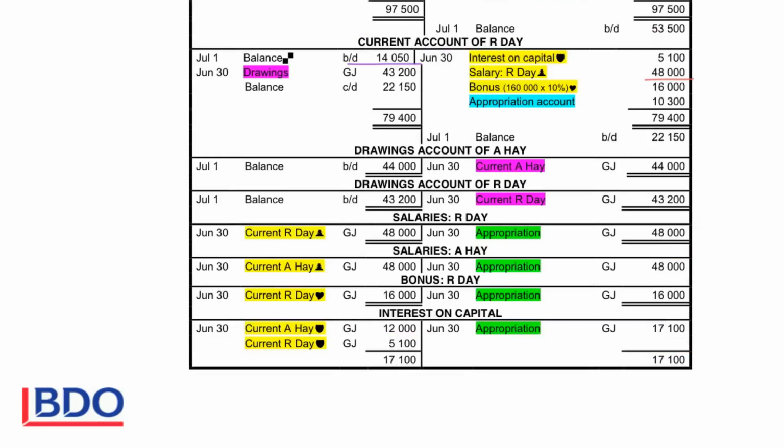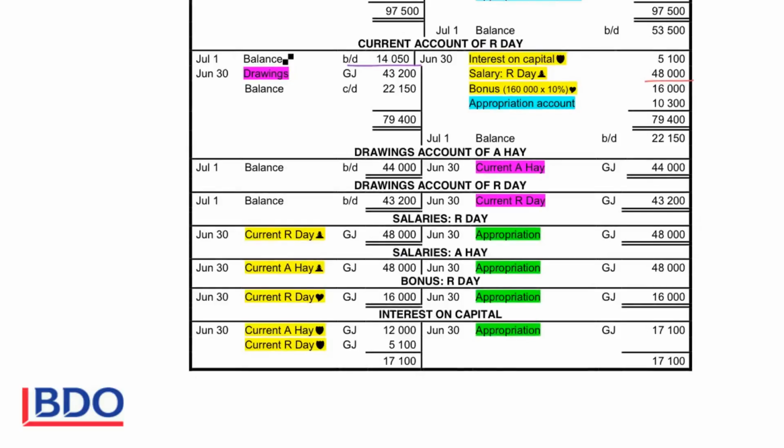The salaries account of Day will be debited with 48,000 Rand, and the salaries account of Hay will be debited with 48,000. So we debit the salaries account to create an expense, then we transfer it to the current account to complete the double entry and to show that the business owes R. Day 48,000. So that is our adjustment.